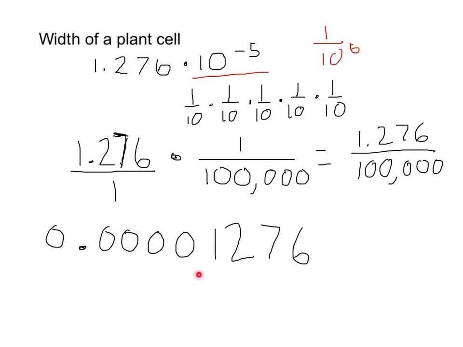My solution right here is the approximate width of a plant cell. If our proof was correct, we would have moved our decimal 5 times to the left. So it originally started here between the 1 and the 2. Let's double check. 1, 2, 3, 4, 5. We are correct.